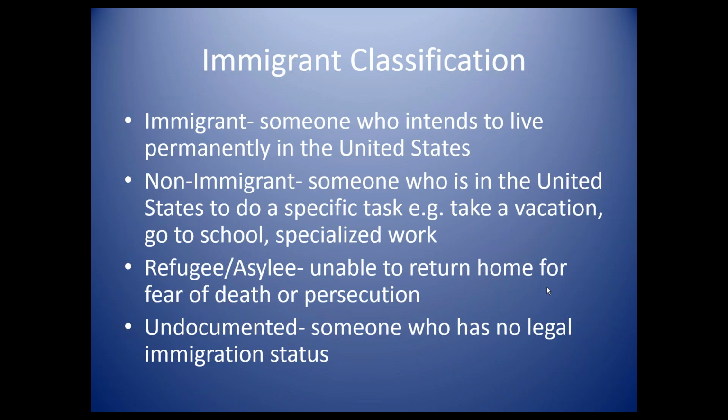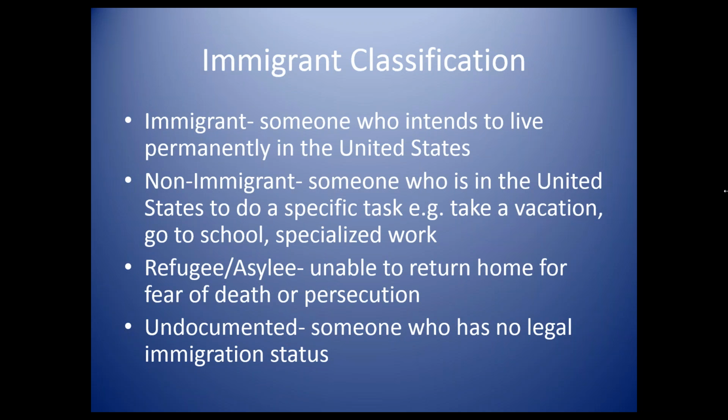So when we think about immigrants in the United States, you can categorize them in a few different ways, but I've always found this particular way to be a little helpful. So considering immigrants, we can think of them in four different classes.